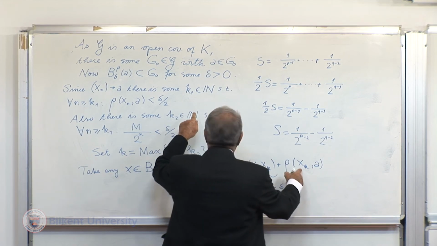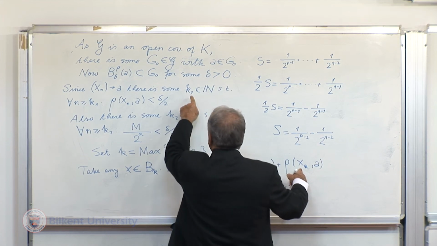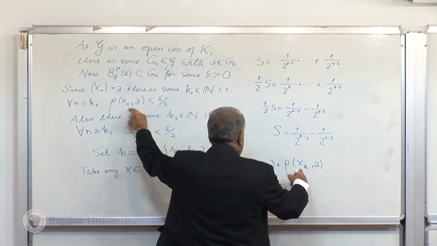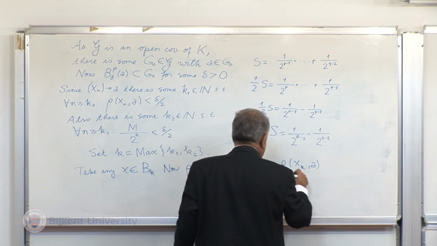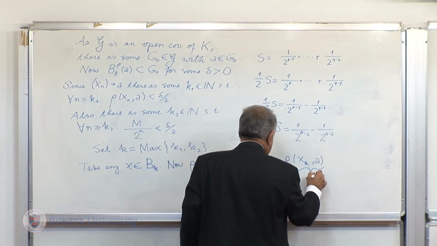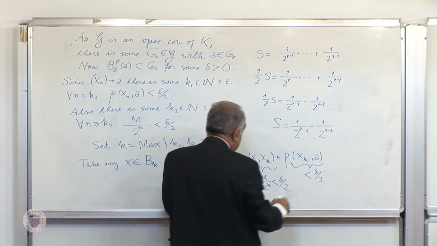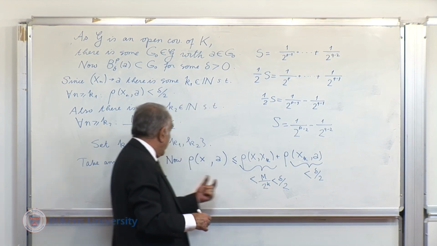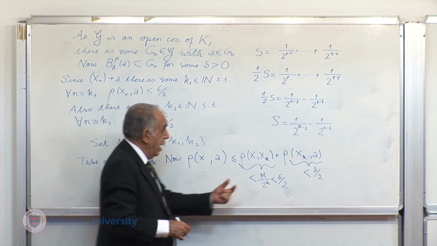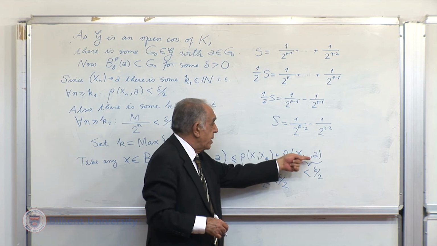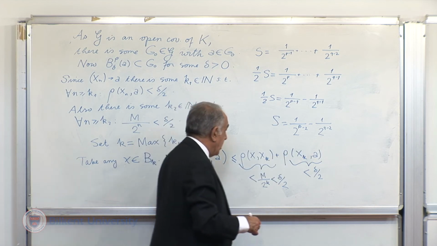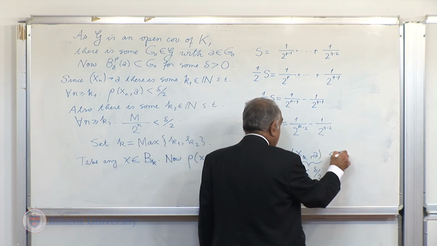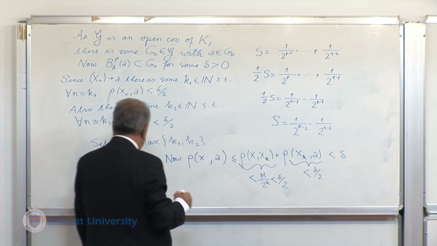Well, k is larger than or equal to k1 as well, then this distance is less than delta over 2. Now this comes from the diameter of bk, and this comes from the convergence of the sequence xn to a, but then this is less than delta.